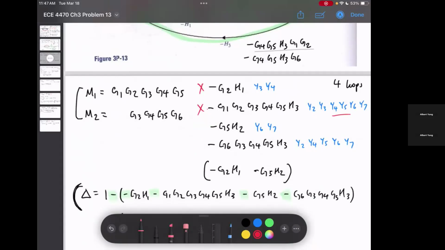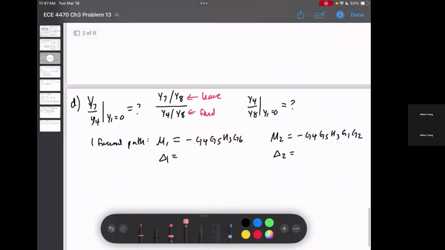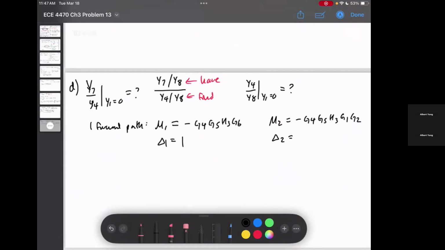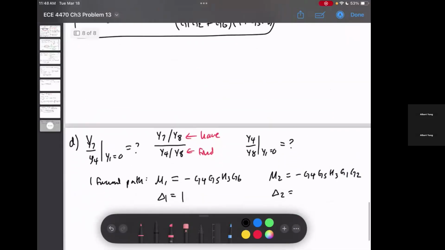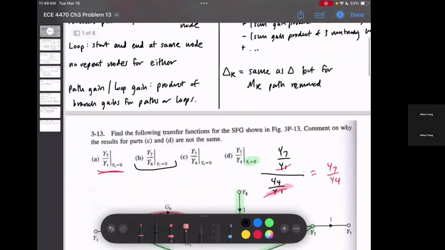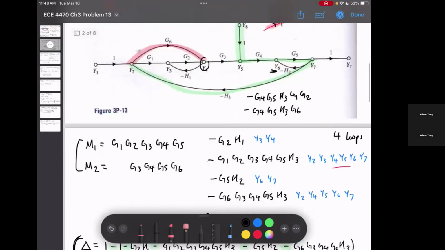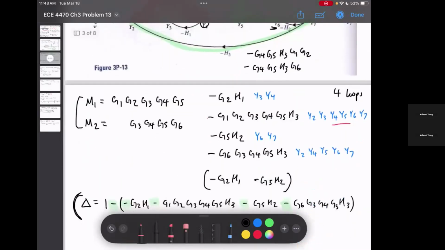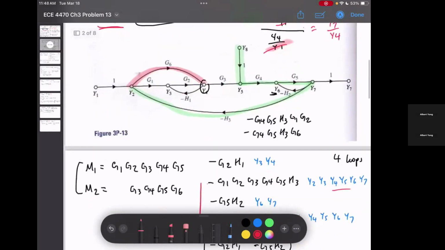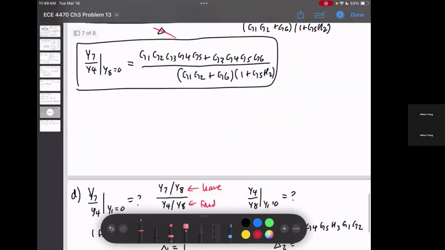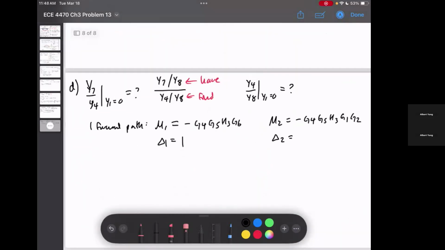So that means there are no loops for the first one, which means delta 1 is 1. Then for M2, delta 2 would be, let's see. y3 here wouldn't be included, but then you still have y7. So we know that these three are out. And then it still contains y4 here, which means this one's also out. So it's also going to be a 1 for this one.